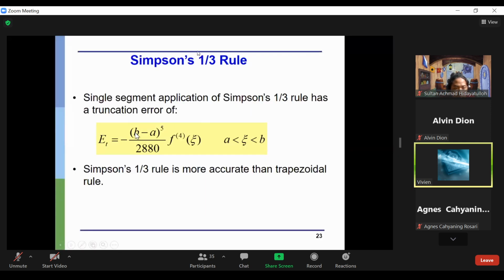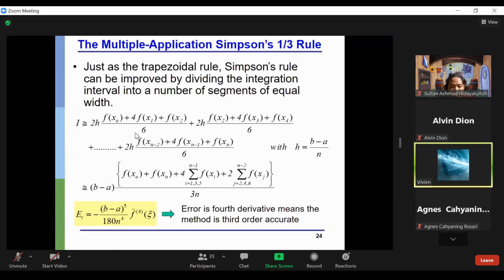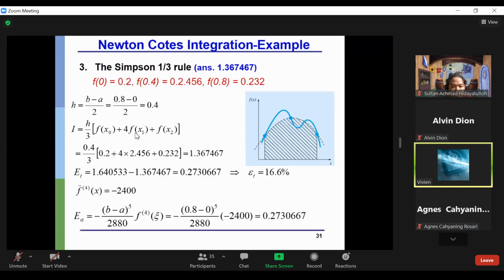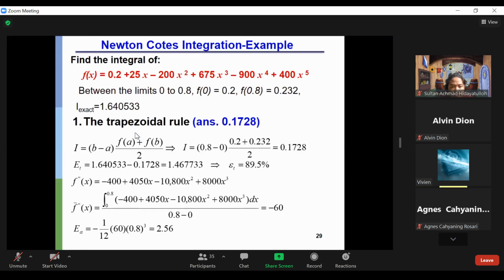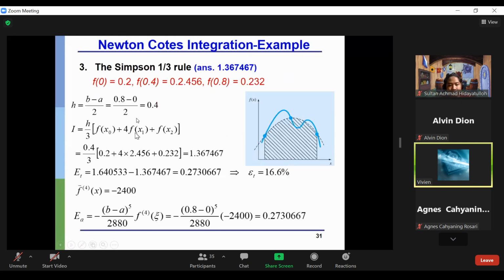Okay, is this the slide that you mean? Yes, ma'am, but the example one. Oh, the example here. Yes. Okay, so the question is about the Simpson method rule, so the third method here.